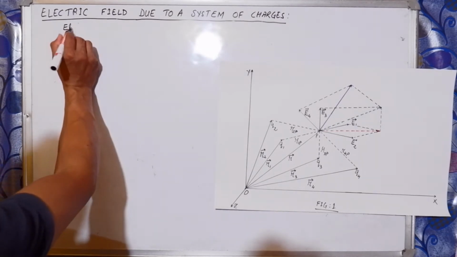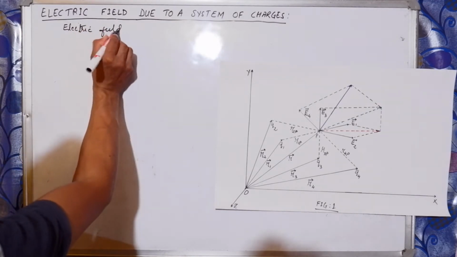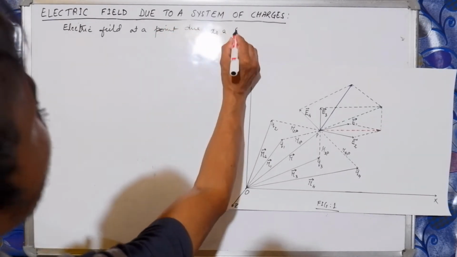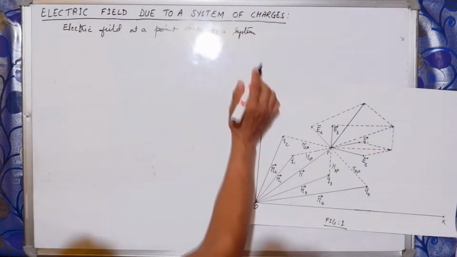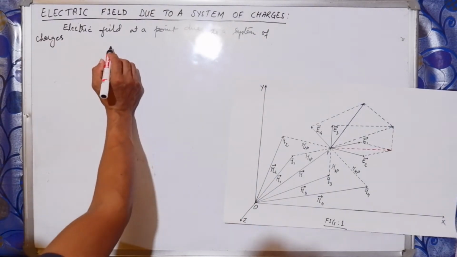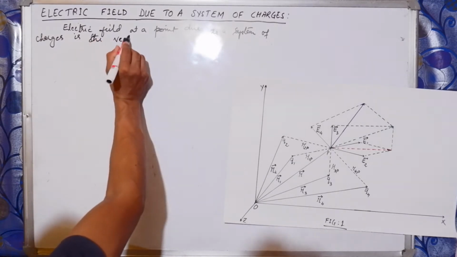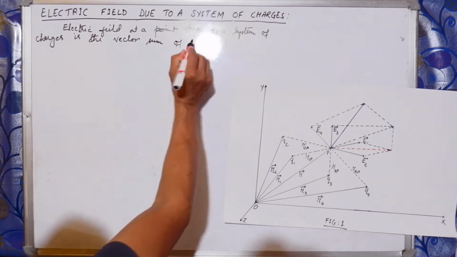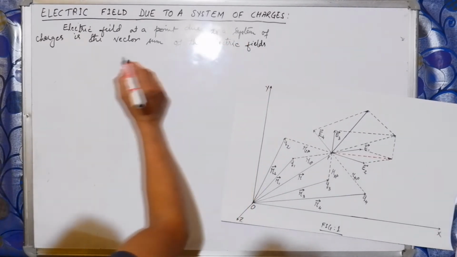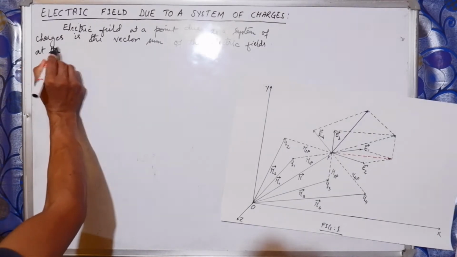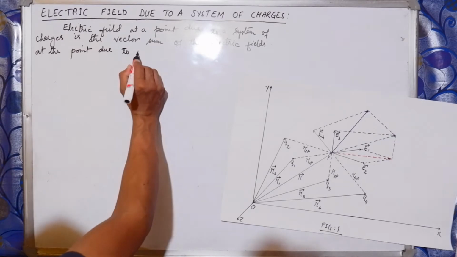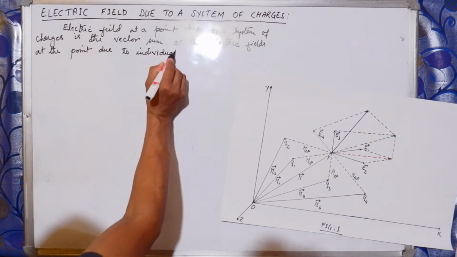The electric field at a point due to a system of charges is the vector sum of the electric fields at the point, here in this case at point P, due to individual charges.